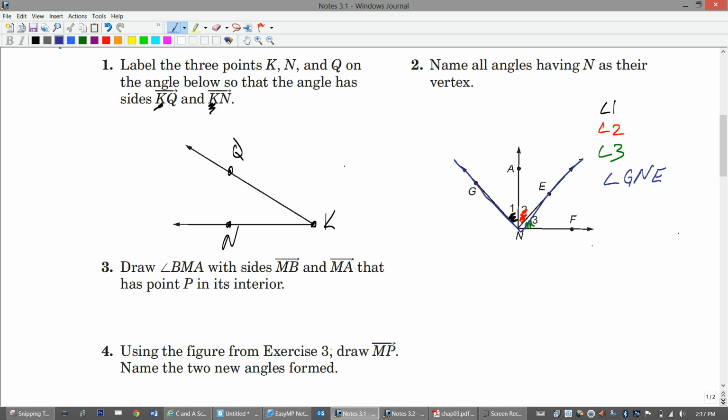Okay, there's another one. Those are a little bit hard; you have to think of it in a little bit of a different way. So angle ANF is another one, and then what's the 6th one? GNF, which is the big one. Yep, 6 ways.